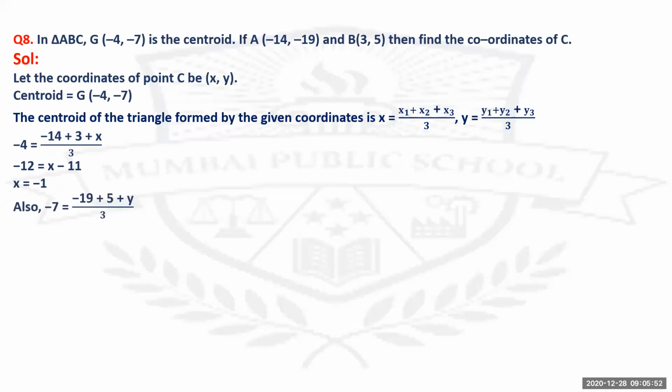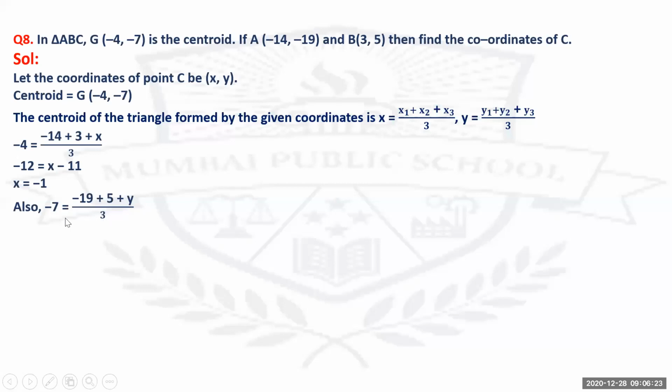Now we'll go for the y coordinate. For the y coordinate, you're going to do the same thing. In place of y, you'll substitute the y coordinate of the centroid, so you get 7 = (19 + 5 + y)/3.